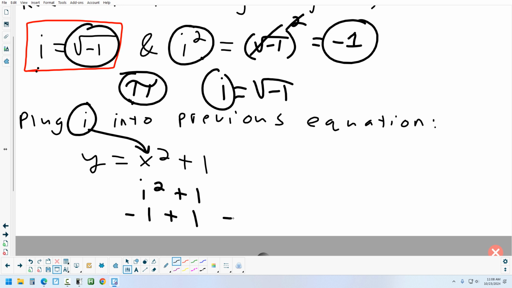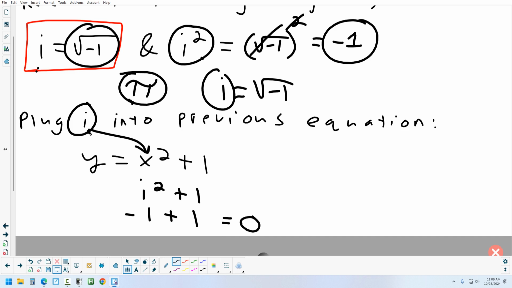What's negative 1 plus 1? 0. So when I plug i in for x, I get 0. What does that mean i is, if we plugged it in and we got 0? Yep, it's a root, exactly. i is one of the roots of that equation. What's the other one? Well, I'm going to show you how you find that in a little bit. But i is one of them.